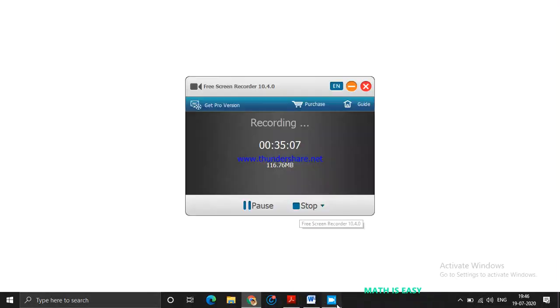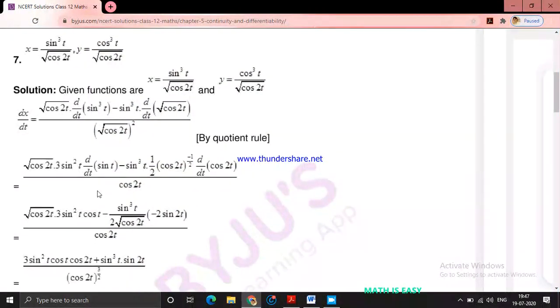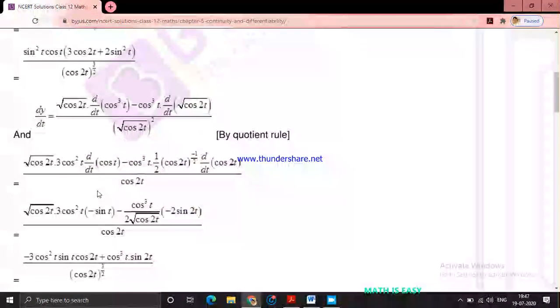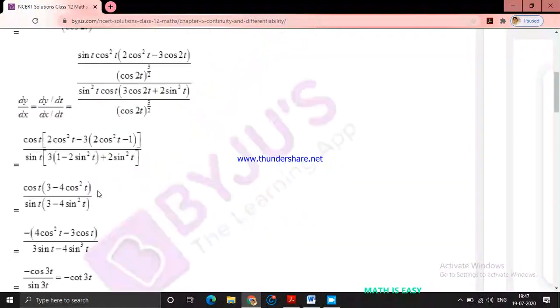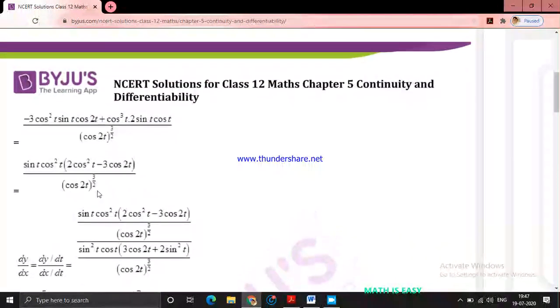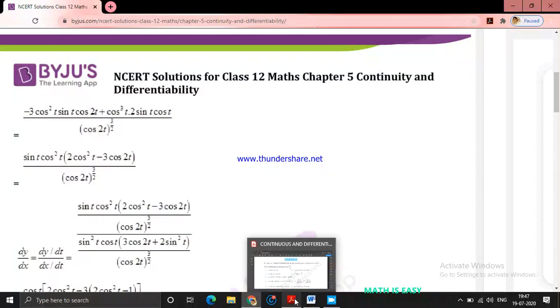Okay, so how we are going to get dy by dt is I'll show you. This is going to be dy by dt, where we have dy by dt equals sin t into cos square t.